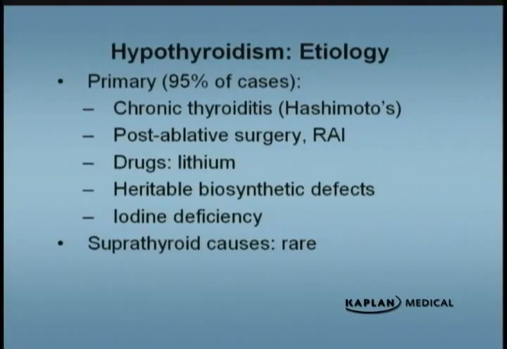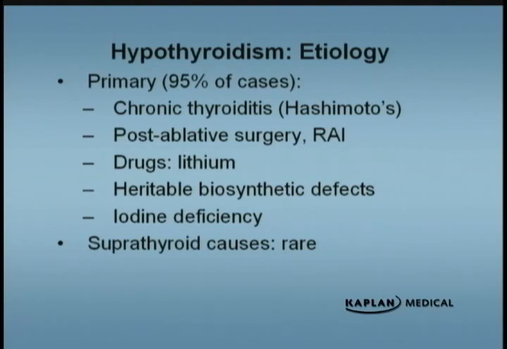Then we see some other causes that are less likely, like drugs. Lithium is a very common cause of hypothyroidism. Amiodarone is another drug that we have to think about. And then even rarer causes like biosynthetic defects in children, where you have enzymatic deficiencies, or rare parts of the world where there's iodine deficiency.